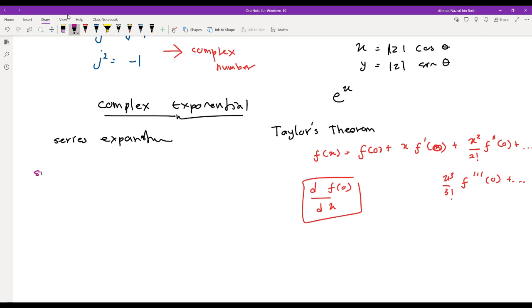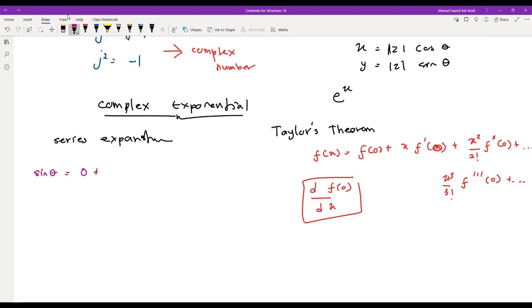So for sin theta, Taylor's theorem is very good to relate with trigonometry. For sin theta, we can put f(0) means sin 0. Sin 0 is 0. And then plus x f prime 0. F prime 0 means differentiate sin theta, we get cos theta, so cos 0 is equal to 1 and x is theta.